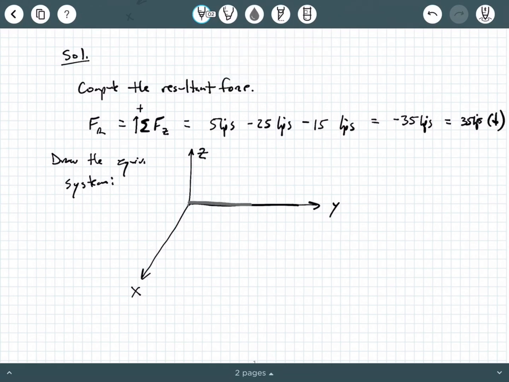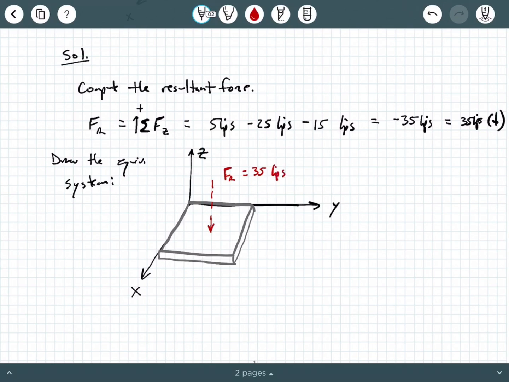And let's go ahead and draw our concrete slab. There you go. All right, so where is that equivalent force? Well, like we said, it's somewhere here. F sub r equals 35 kips. I'm showing it pointing down.